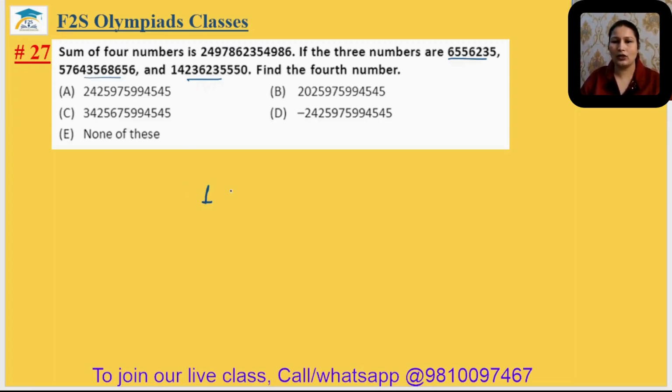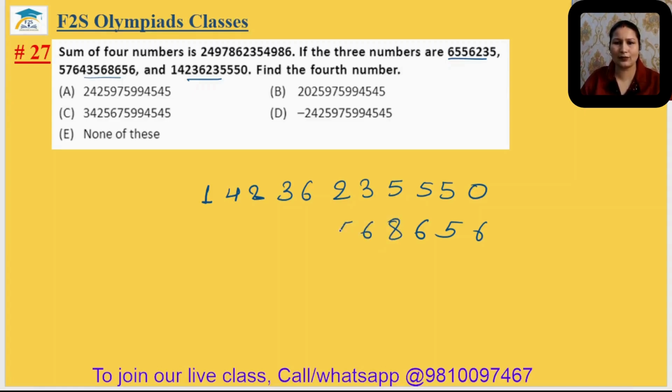It is your 1, 4, 2, 3, 6, 2, 3, 5, 5, 5, 0. Next, I am writing from the right side, 6, 5, 6, 8, 6, 5, 8, 6, 5, 3, 4, 6, 3, 4, 6, 7, 5, 7. Next is your 5, 3, 2, 6, 5, 5, 6.